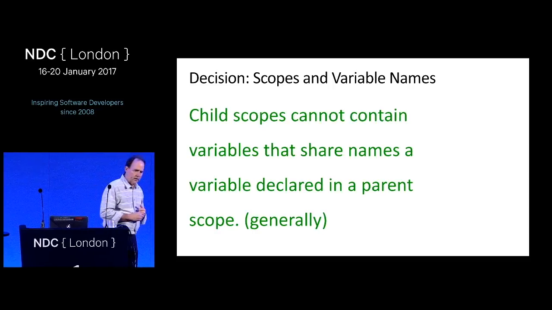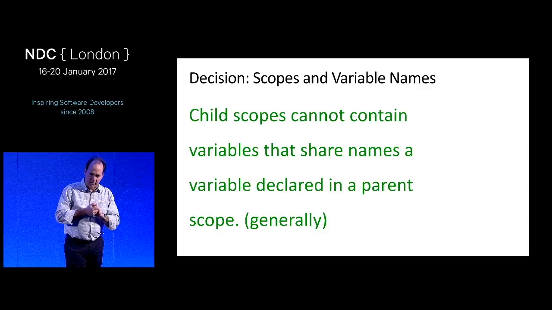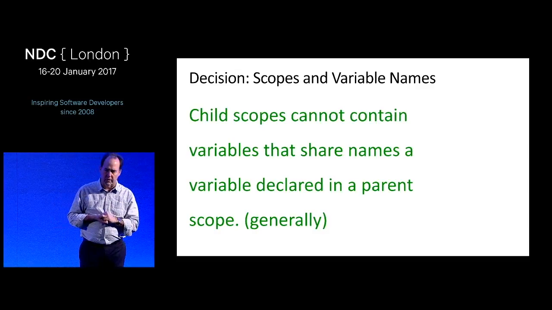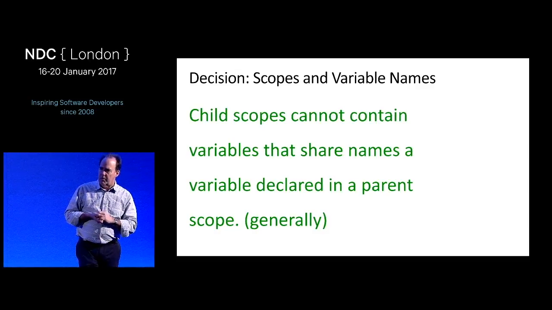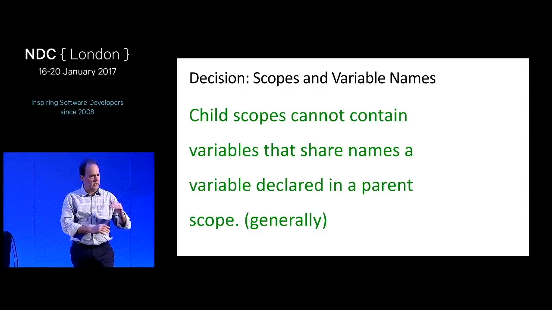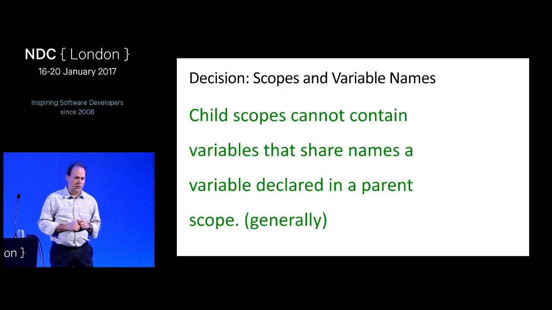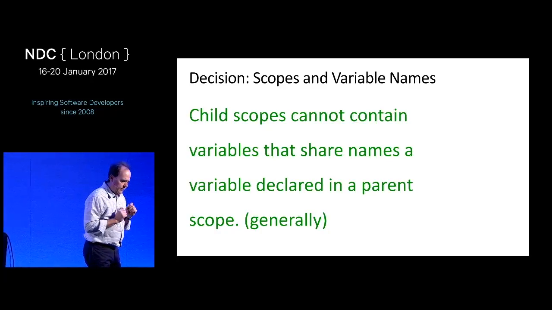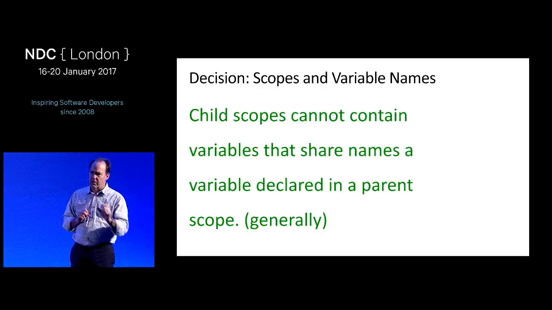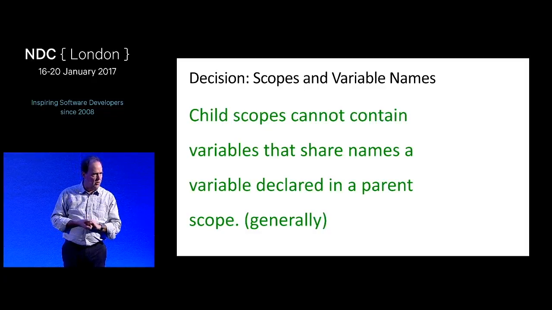One of the other decisions that comes through in C# that tends to drive people crazy occasionally, especially if they've ever used C or C++, is that C# defines scopes rather generously. Anytime you open up new statements, we'll try to define a new scope that defines new sets of variables. And even though the compiler knows that a variable with the same name declared in a child scope is different than a variable of the same name in a parent scope, it doesn't let you do that, with one exception.